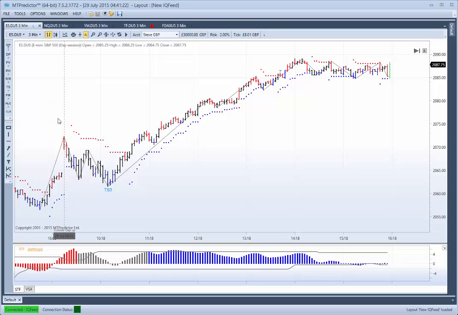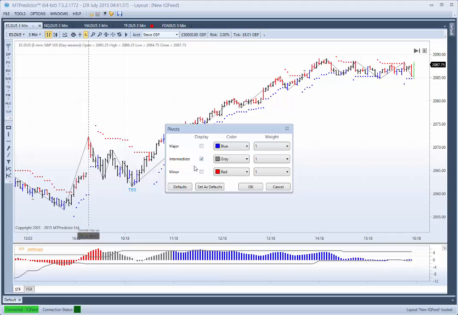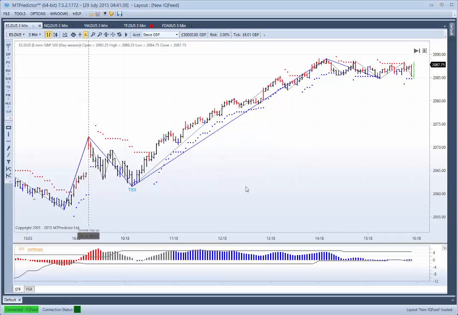So what is a holy grail trade setup? Well, a holy grail trade setup is where we are looking to trade off the end of a wave 2 to trade the whole of a wave 3. And if I put the major pivots on here, you can see what I mean.